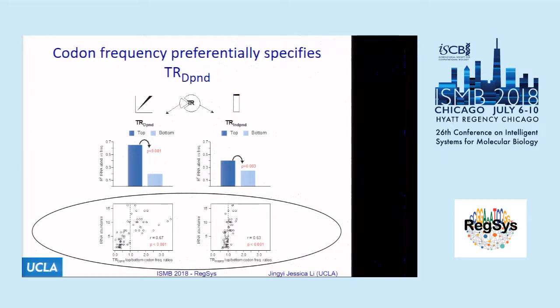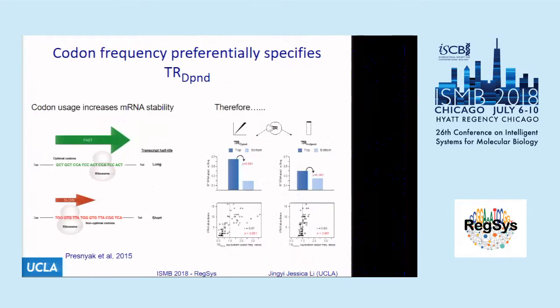So essentially, this result suggests that the tRNA abundance is only very informative for the genes whose translation depends on mRNA. And a paper by Presnyak in 2015 actually agrees with our result. They found that codon usage increases mRNA stability.